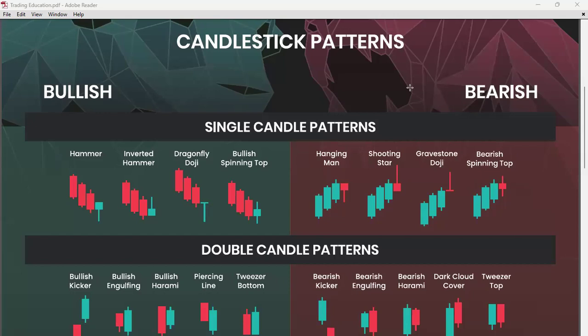This is a special class on candlestick and chart patterns. So we have candlestick patterns and we have chart patterns. I actually wanted to address this fully in a playlist called Financial Literacy and an Introduction to the Financial Markets.